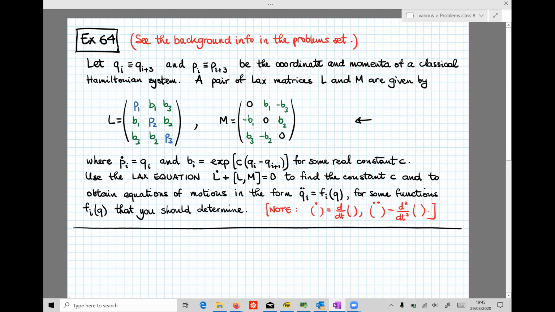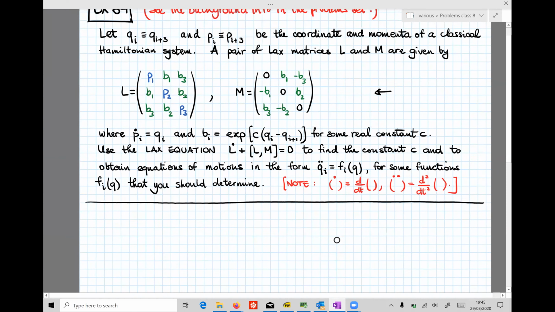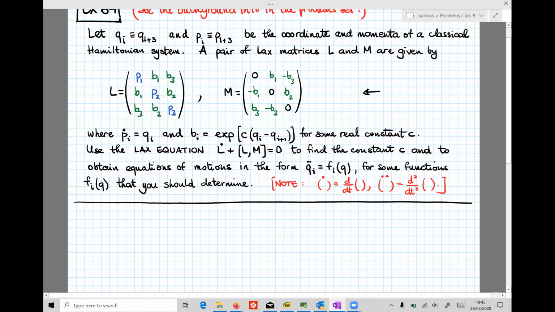As usual, we can take L to be Hermitian and M to be anti-Hermitian. In fact, here everything is real. So L will be Hermitian and real, so symmetric, and M will be anti-Hermitian and real, so anti-symmetric, which you can see from the expressions. So L is symmetric and M is anti-symmetric. L depends on the momenta P1, P2, and P3.